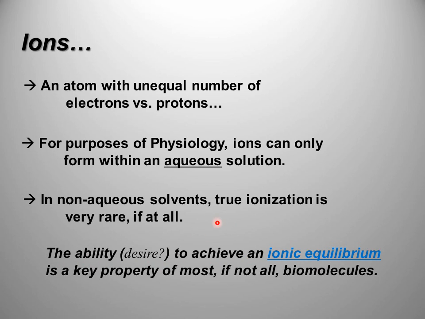If we have a whole bunch of ions on this side, and there is some way for those ions to move through that membrane, they're going to want to move away from this environment into this one. That's the basis of diffusion. So one of the things about ions is that they want to achieve equilibrium in their solvent.